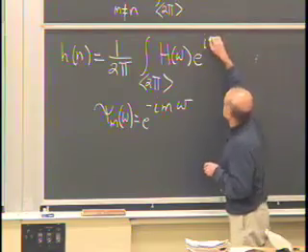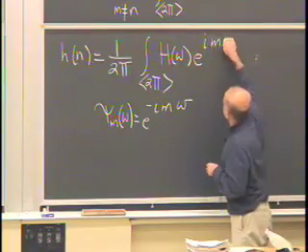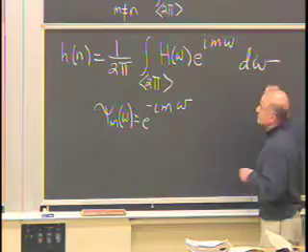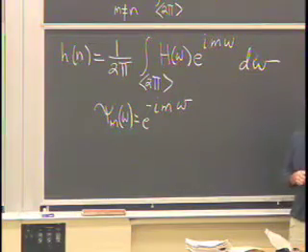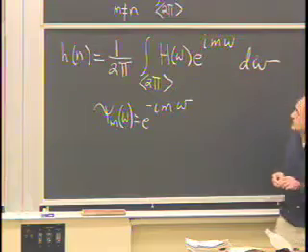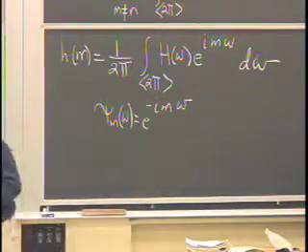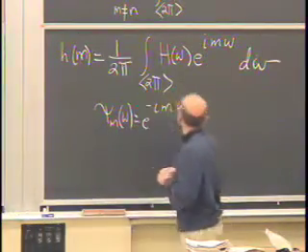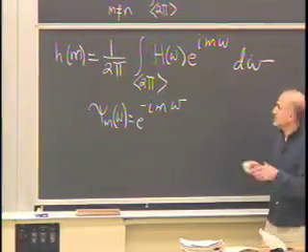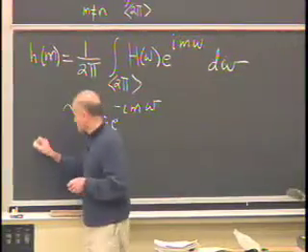Plus m omega d omega. Oh, this is m, sorry. I'm figuring out the mth coefficient. Mth coefficient, sorry. Yeah. Now you don't have to stick with m anymore. You can write n.